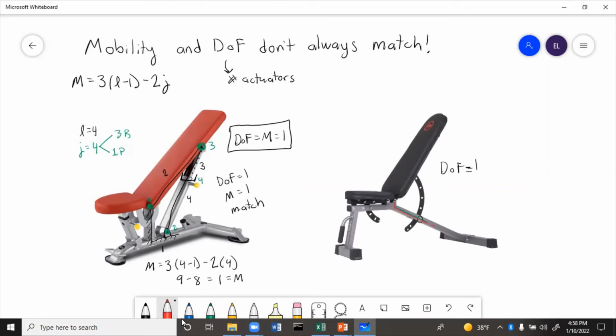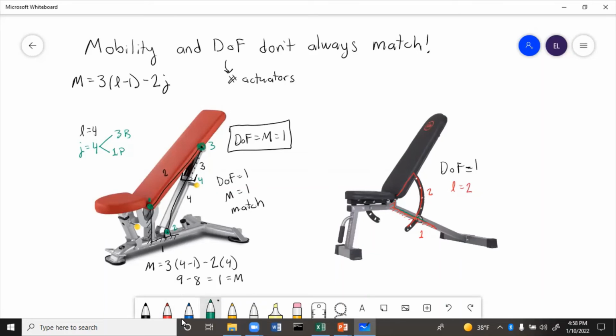So we've got this frame, this is ground. And then we've got the seat, which this curved link is all connected to the back of the seat. So we have 2 links, L equals 2. One is the seat with the curved rod, and one is the frame.